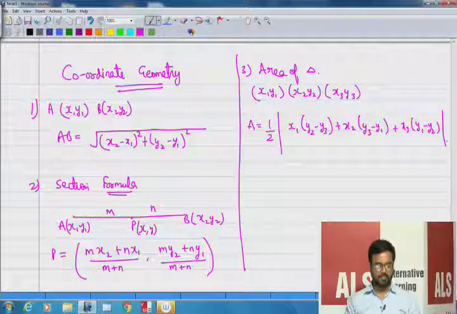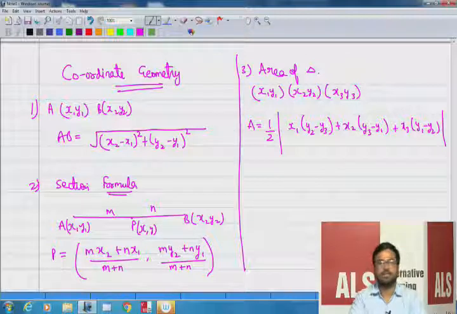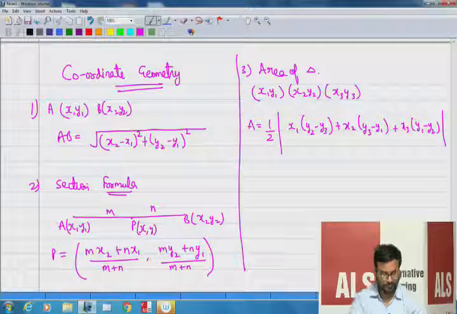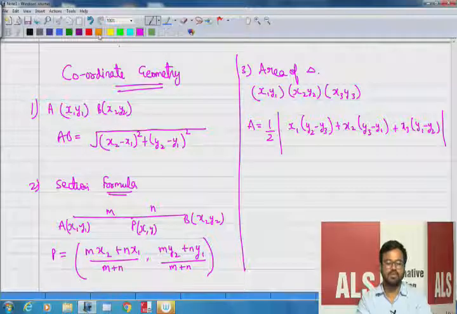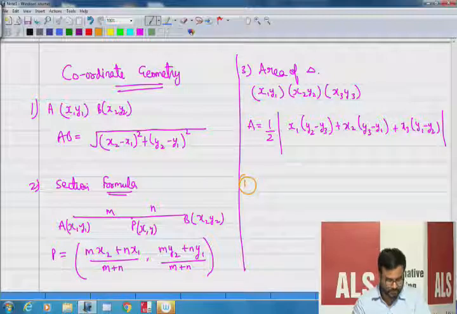These were the 3 formulas which you have studied: section formula, distance formula and the area of the triangle. So based on these, do this question.